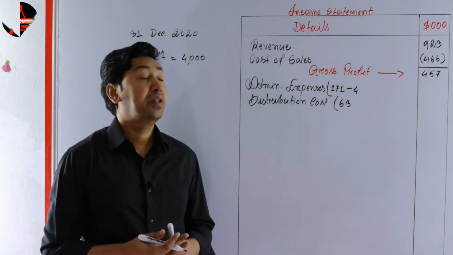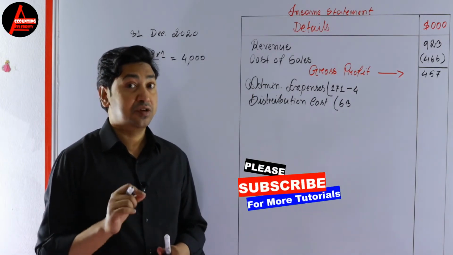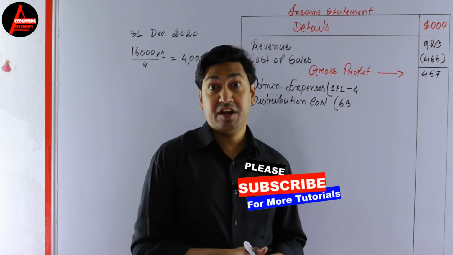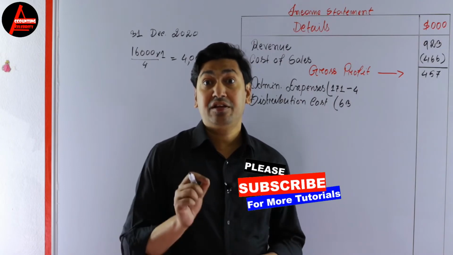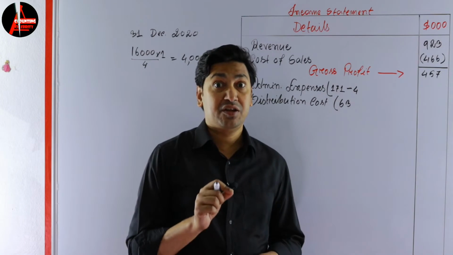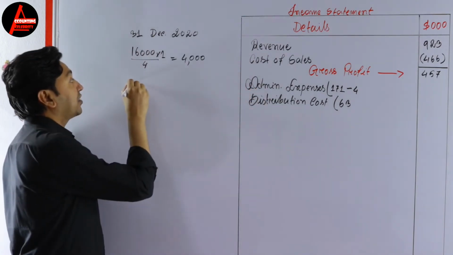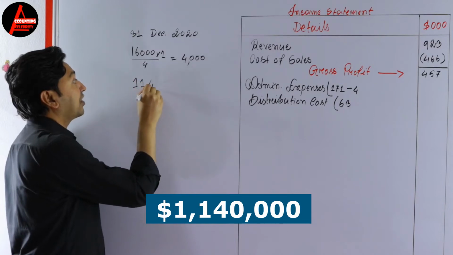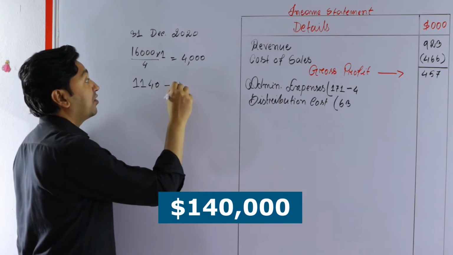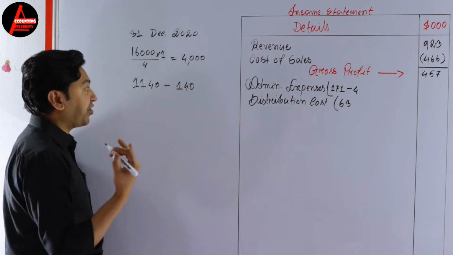The main thing of the reducing balance method is you have to subtract the provision for depreciation from the cost of the asset to calculate the net book value, and the rate of depreciation will be applied on the net book value. So here the cost of the asset is $1,140,000, and we already have $140,000 provision for depreciation in the question.